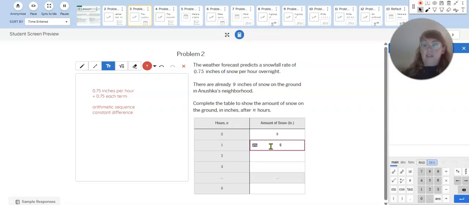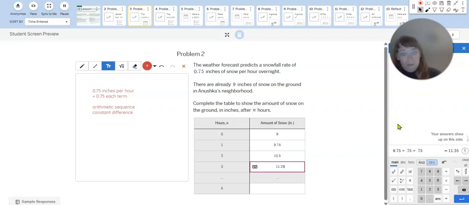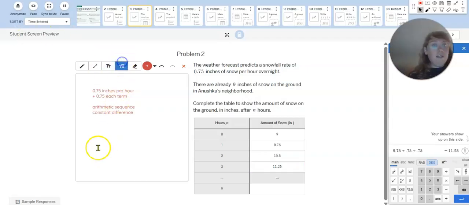9 plus 0.75 is 9.75. 9.75 plus 0.75 is 10.5. Add another 0.75 to get 11.25. And if we keep going, we can use our little formula over here.